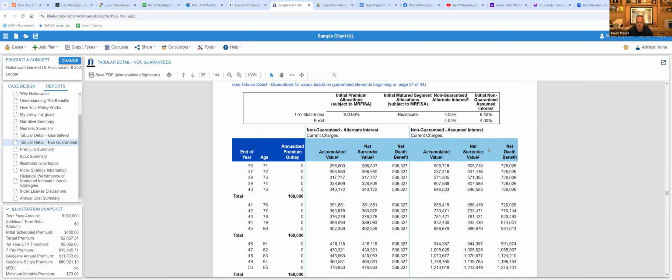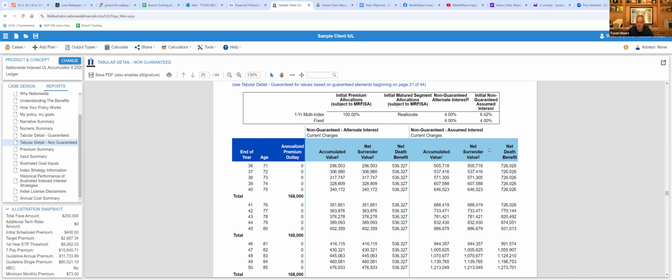So if we assume this client also has 401k money, IRA money, maybe some Roth IRA money, maybe some brokerage accounts, you know, they have some other stuff by the time they hit 70 in life. There's two aspects to this account that they can't replicate anywhere else. And certainly not at this cost structure. Number one is all of this will be tax-free income compared to taxable distributions from IRAs and 401ks.